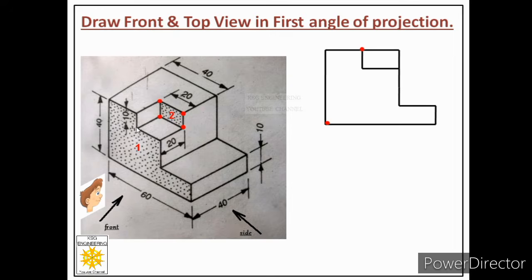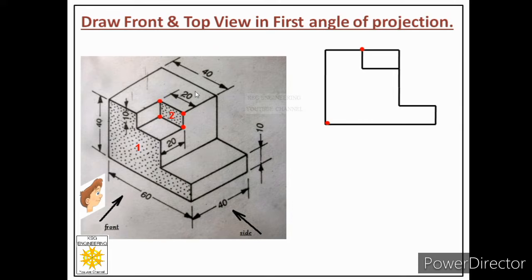So it is already drawn in the drawing. So no need to repeat this edge again. So you can see we are ready with phase 2 also. So this total is called as front view of this given object. So I hope the fundamentals of drawing the front view of an object are clear to you.